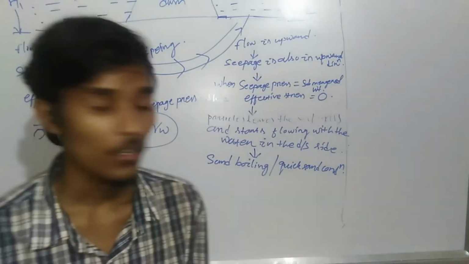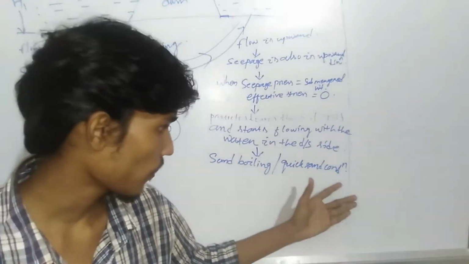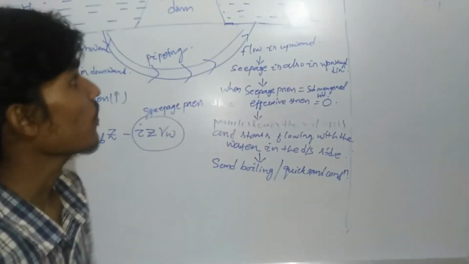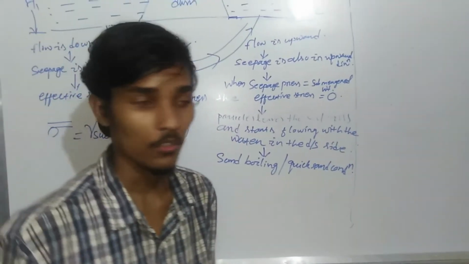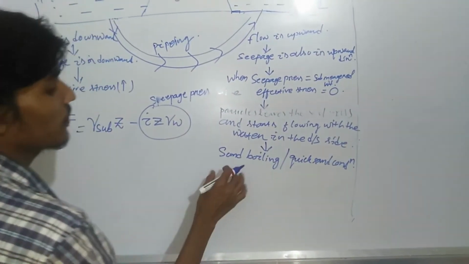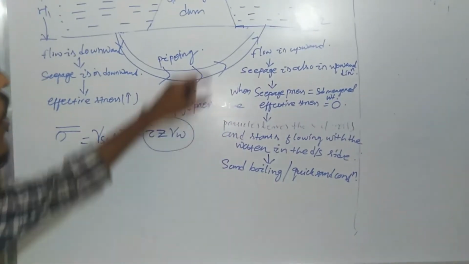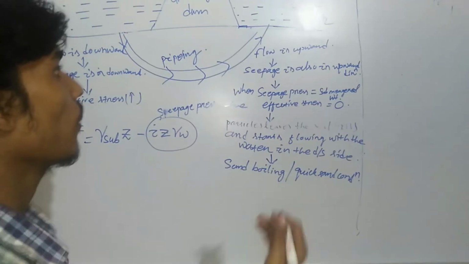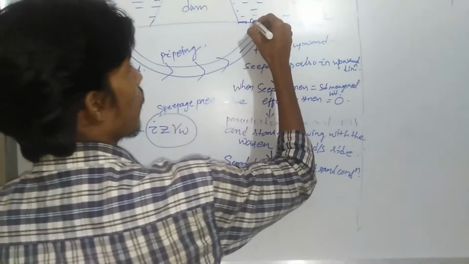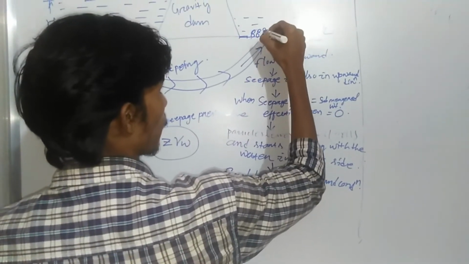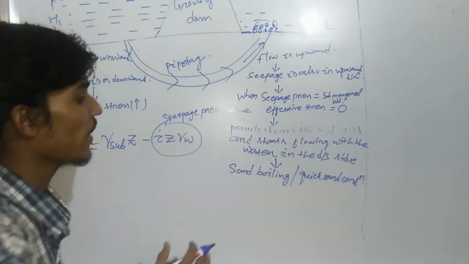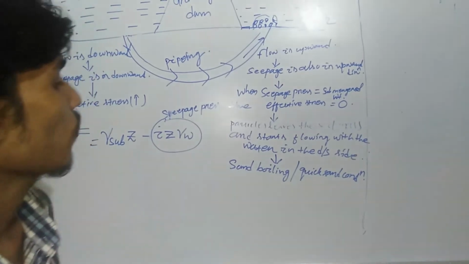Quicksand condition is not a type of sand. It is a condition that occurs in cohesionless soil or coarse silt. The term sand boiling refers to the fact that when the water flows in the downstream direction, it displaces the cohesionless soil particles from the soil mass. So it looks like sand boiling. That's why it is also known as sand boiling.